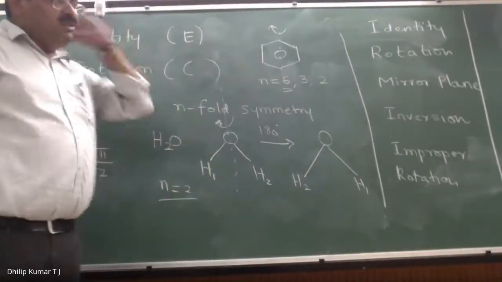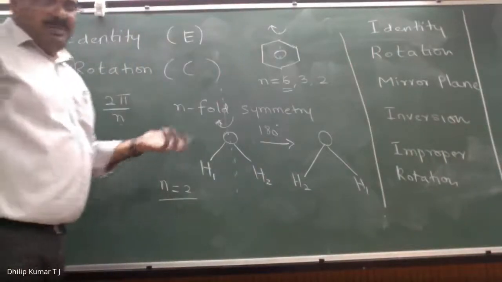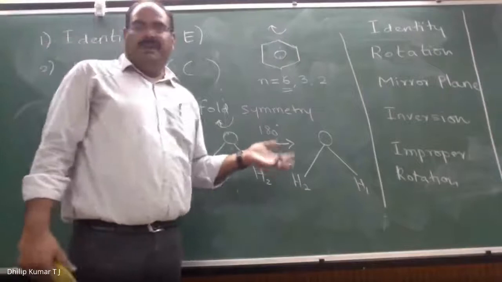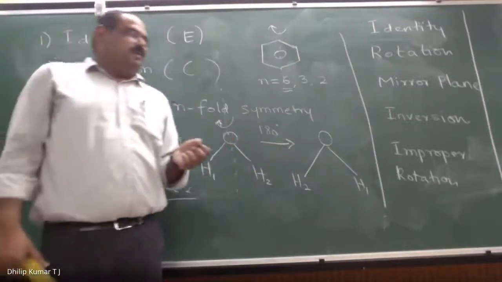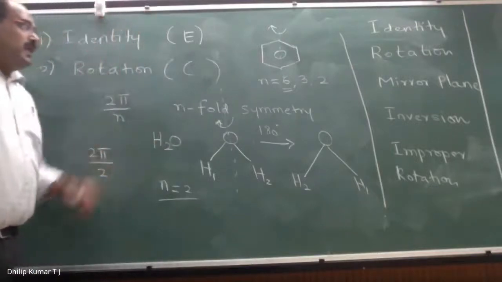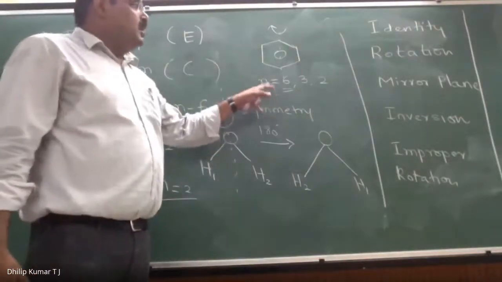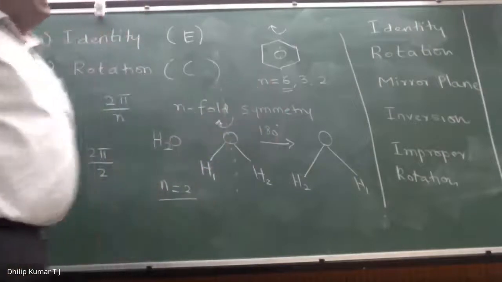Whereas in the benzene molecule or other similar molecules, like even the square planar complexes, like PtCl4, if you take, it is square planar. So there also you have multiple axes of rotational symmetry, and n will be different.